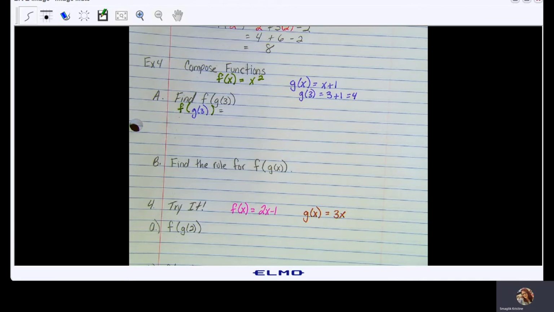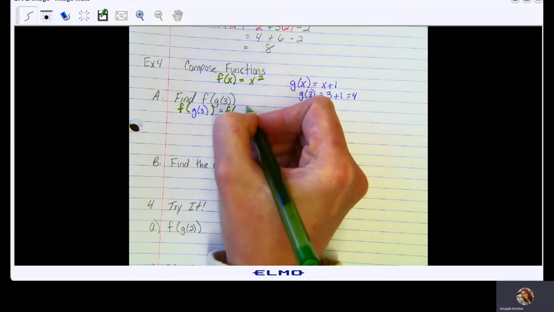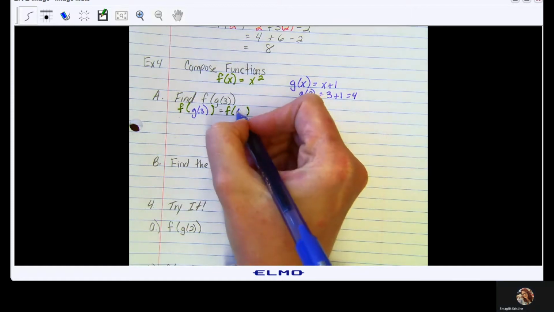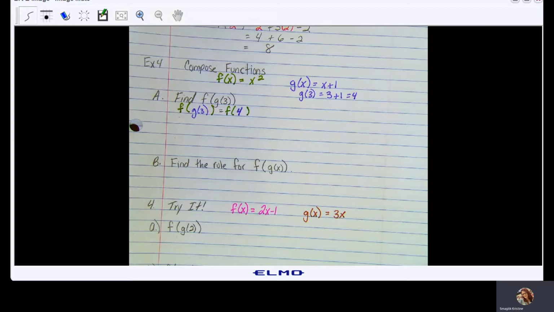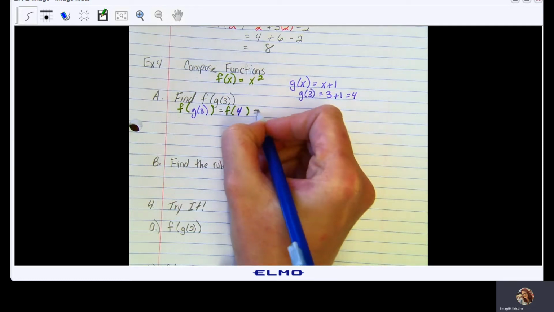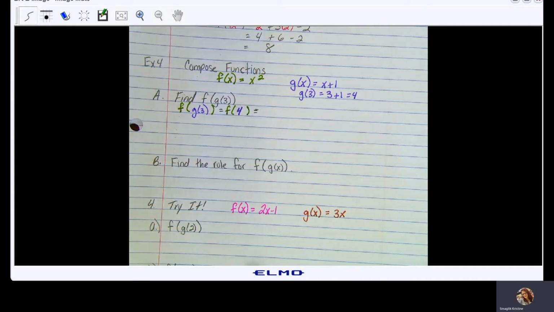So now I have my function f, and my input is going to be 4. Now let's take a look at function f. Function f is x squared.